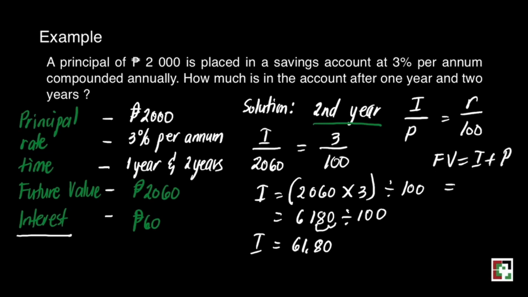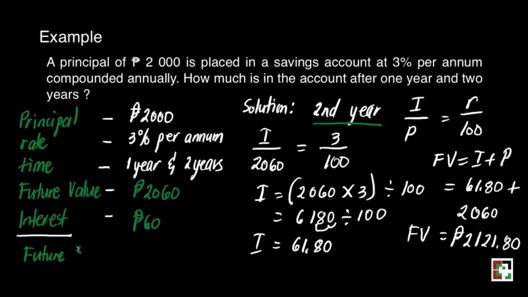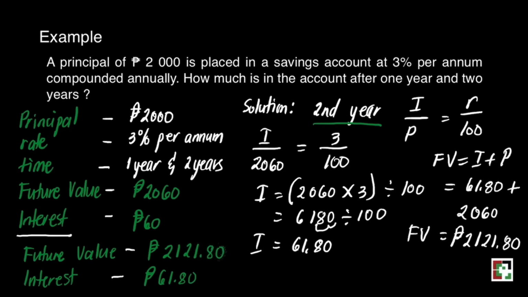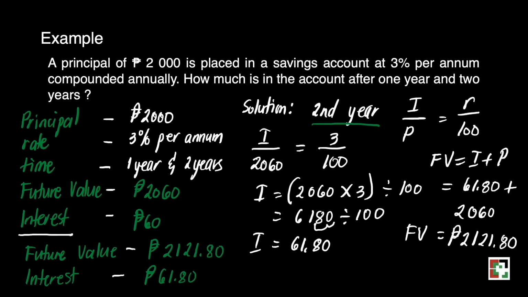Our interest this time for the second year is 61 pesos and 80 centavos added to 2,060, which is our future value. And we get 2,121 pesos and 80 centavos. So our future value after 2 years is equal to 2,121 pesos and 80 centavos, while our interest was 61 pesos and 80 centavos.